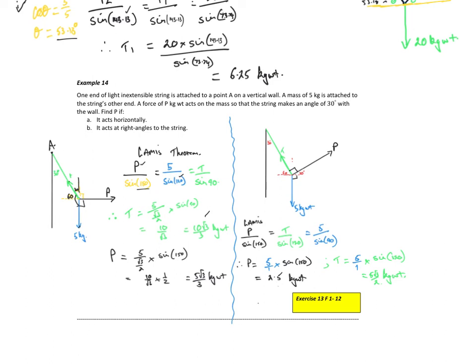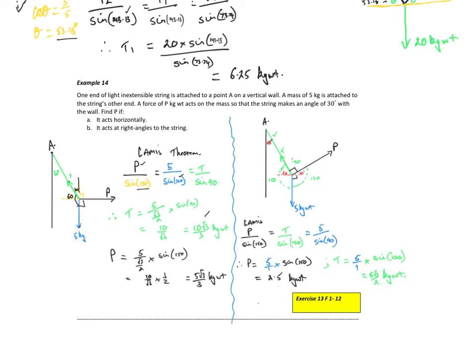If we change the scenario slightly, again, there's my point A. Again, the angle we create is still 30 degrees, which means the angle down here is 60 degrees. So if we work out some big angles here, obviously we've got 90 because we were told. We're going to have 120, 150.